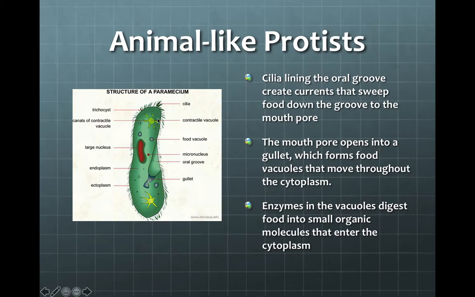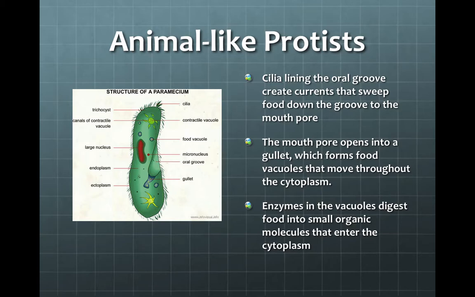Here's your contractile vacuole, which basically expels water out. Your food vacuole is right here, and then your oral groove is right here. Your gullet is like your stomach. A trichocyst is kind of like a thing for defense, and a test is an outer shell.